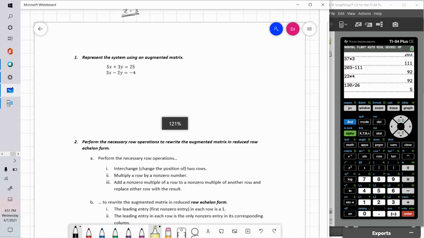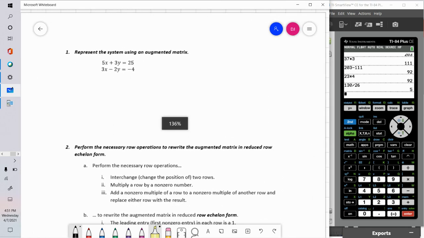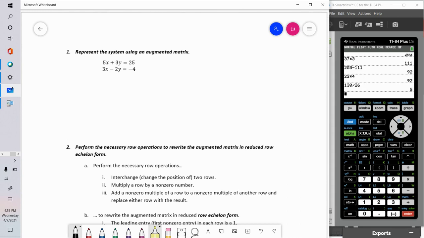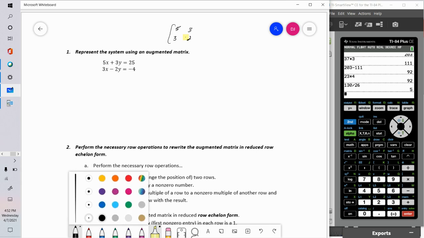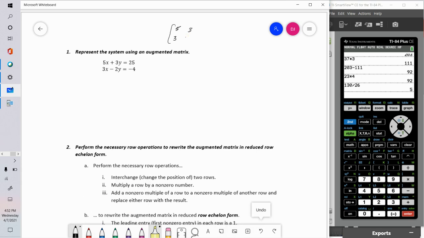In that method, you would take the coefficients, 5, 3, 3, negative 2, and put them into a matrix called the coefficient matrix. You would also take the solutions, 25 and negative 4, and put them into a column matrix and call that the solution matrix.